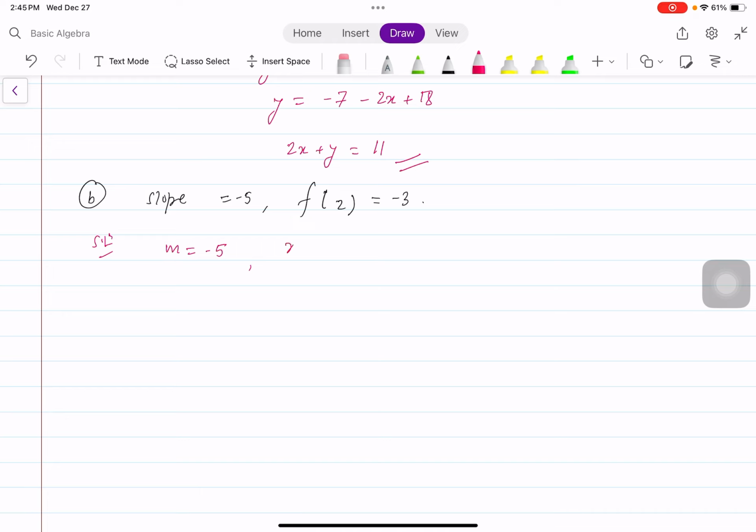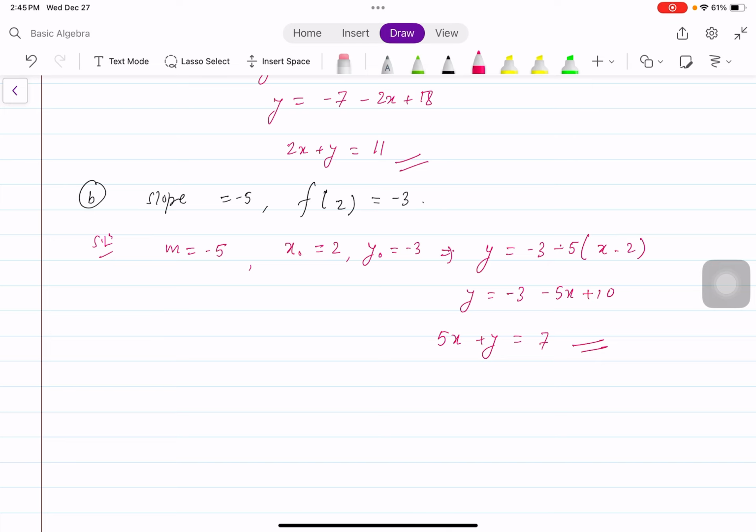So we know when x is 2, y is -3. So one of the points is given, right? This is on the line. So y equals y0, -3, plus slope -5 times x minus 2. In this case, again, minus 5x plus 10. So again, you add 5x on both sides to get 7. So this is another way of solving the problem using this formula.